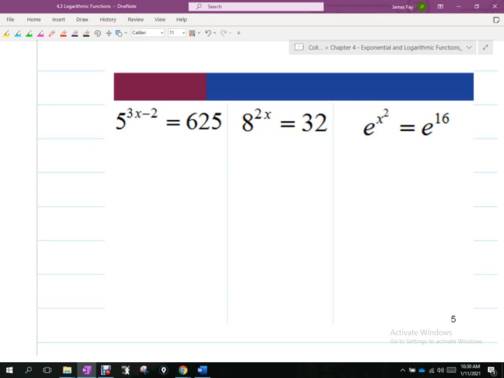Then you are going to use the inverse operation of the exponential, which is our logarithm, to basically get our variable out of the exponent. And then once you do that, you develop essentially what will be a 1-step, 2-step, 3-step equation, something like a multi-step equation, and you'll just solve for the variable there.